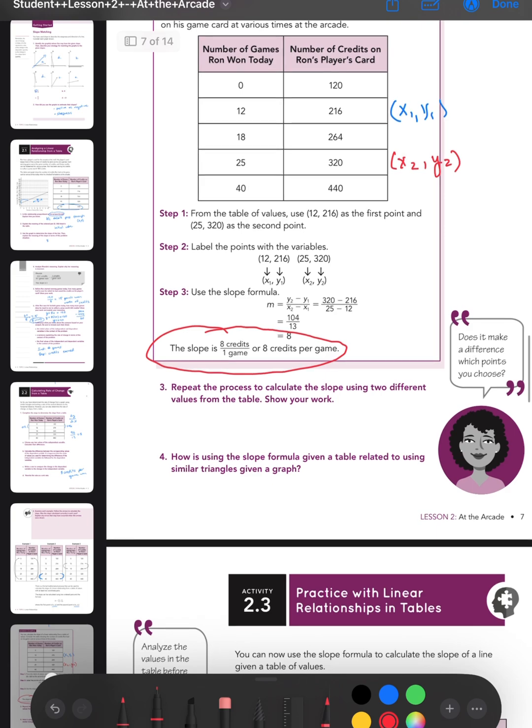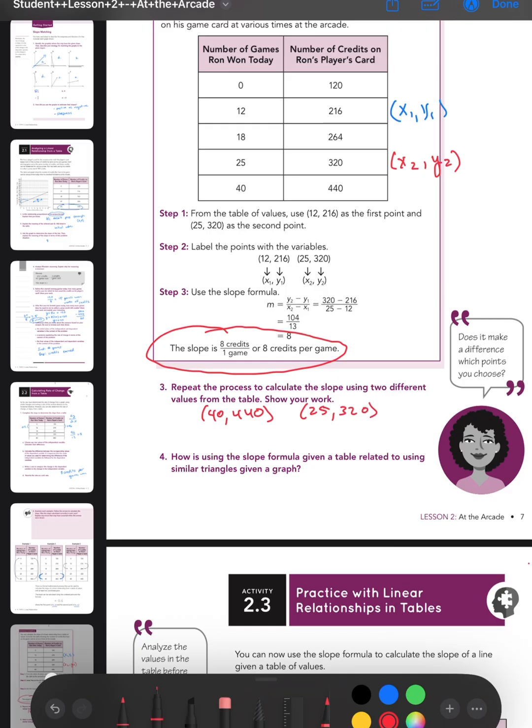Okay, 3 wants us to repeat that process, calculating the slope, and just use 2 different points. So I'm going to use the point (40, 440) again, and I'm going to use (25, 320). And we can repeat that process.